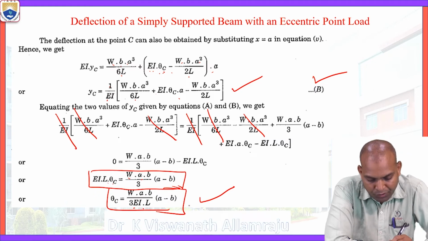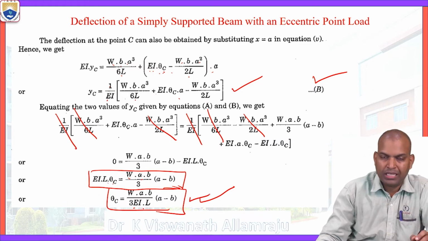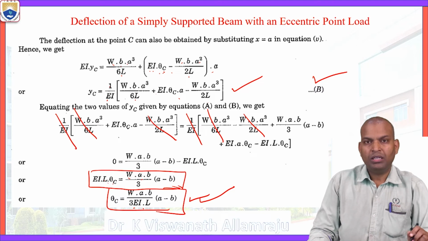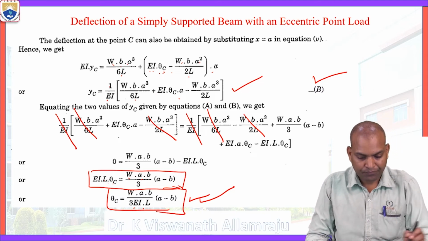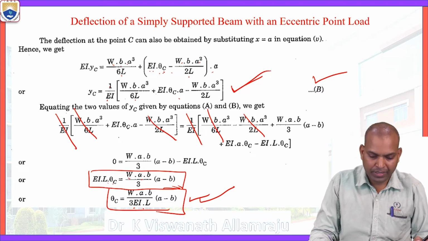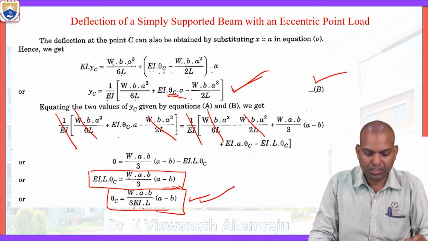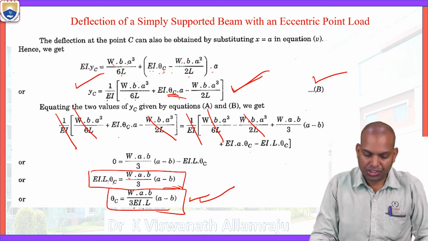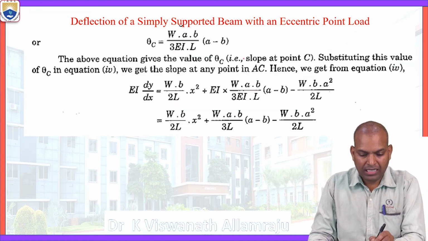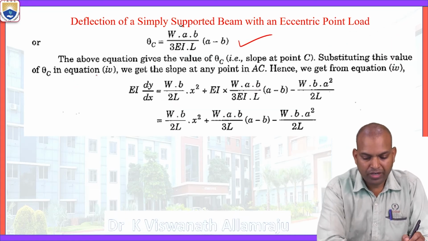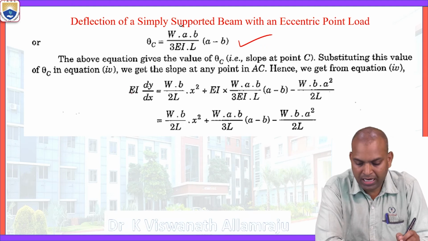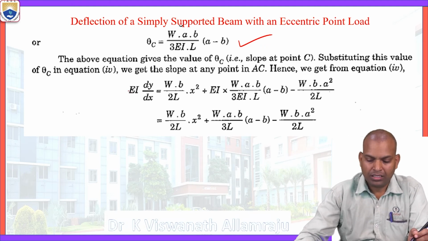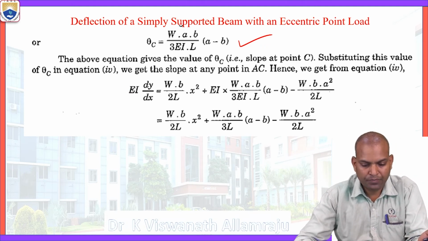Now after knowing theta C, if you substitute this value in the deflection equation, either A or B, and simplify, we will get the deflection at C. The theta C equation can be substituted in any equation, either the deflection equation, equation 4.